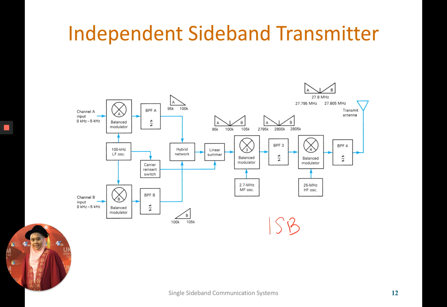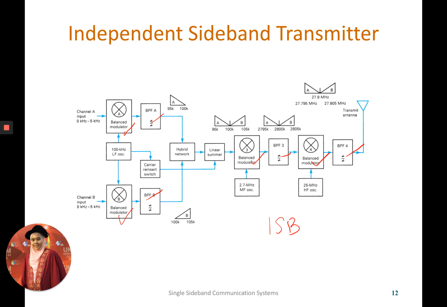If we see over here, the independent sideband system uses more than 2 modulators. We see 1, 2, 3, and 4 modulators, as well as a few filters: 1, 2, 3, 4 bandpass filters.